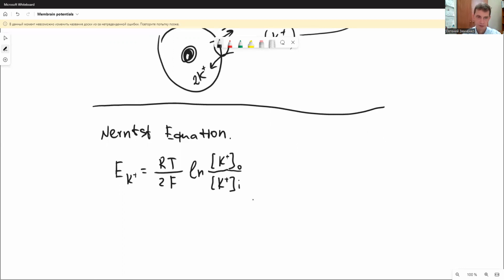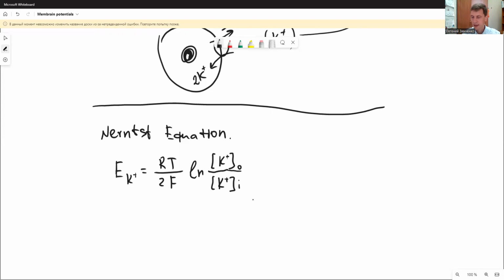Okay, the Nernst equation: gas constant, absolute temperature, charge of the ion, Faraday's constant, and natural logarithm of the ratio of concentrations, a gradient of concentration between out and intracellular space.